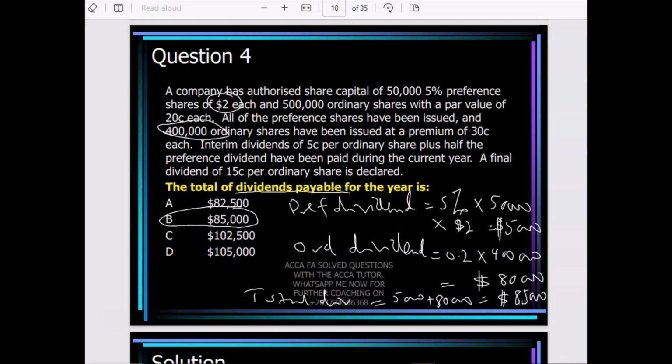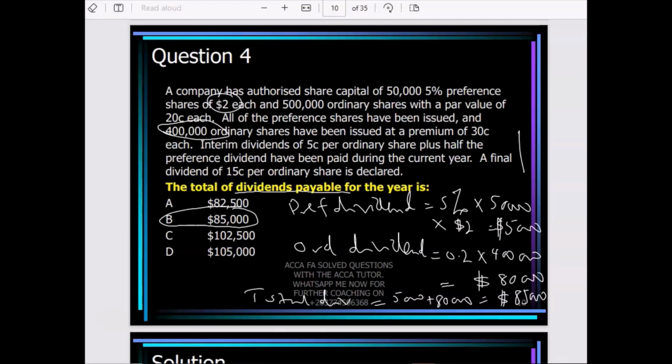Also, he wants you to understand that even if part of the dividend, the interim dividend, had been paid during the year, that one is still part of the total dividend that was payable in that year. So you need to articulate information to be able to understand what is going on.